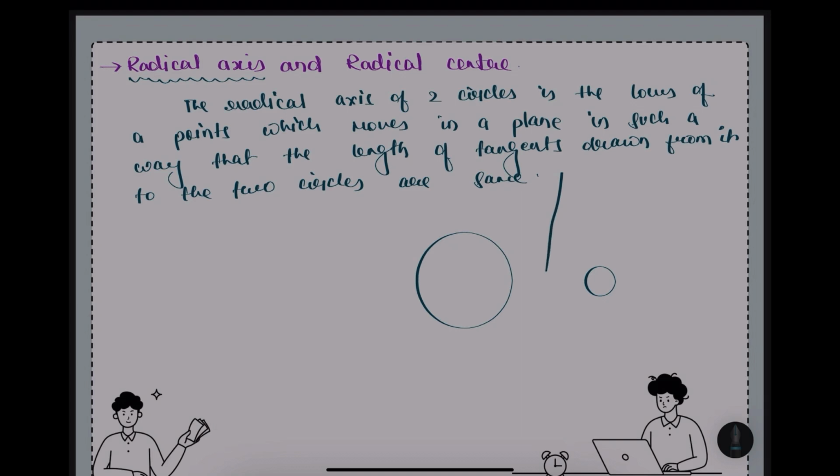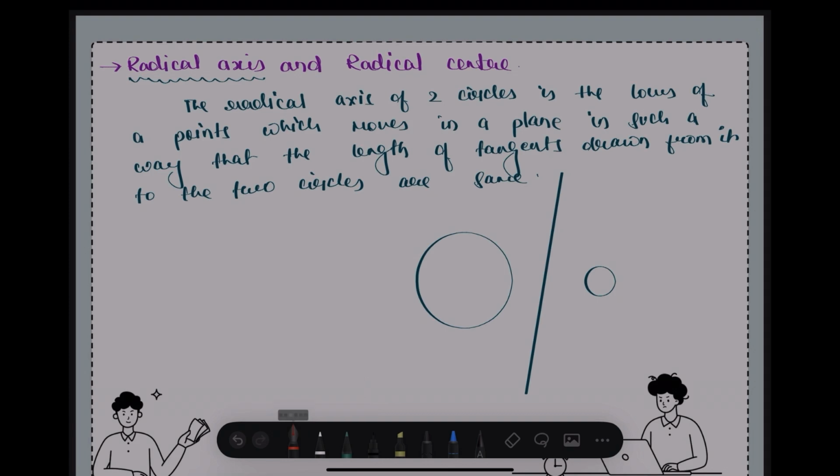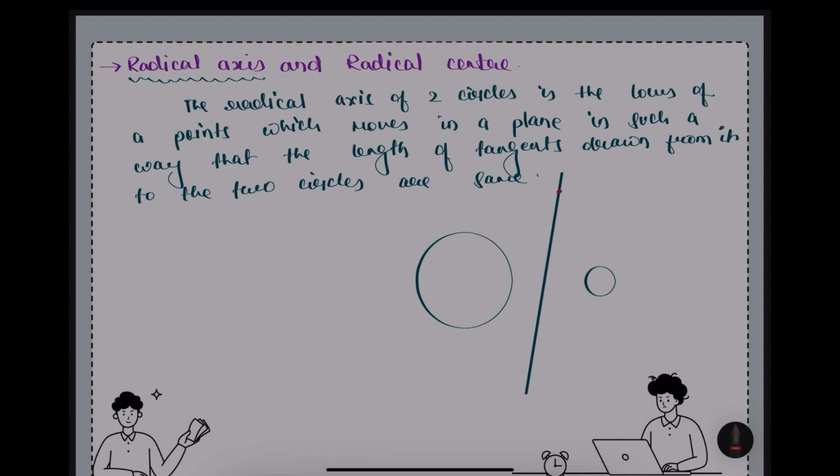So suppose from this line, like suppose this is the point, you drop down one tangent on this circle, and if these two things come out to be same, and slowly you keep taking so many points on this line and the length of tangent comes out to be same, then you can say that this is a radical axis.